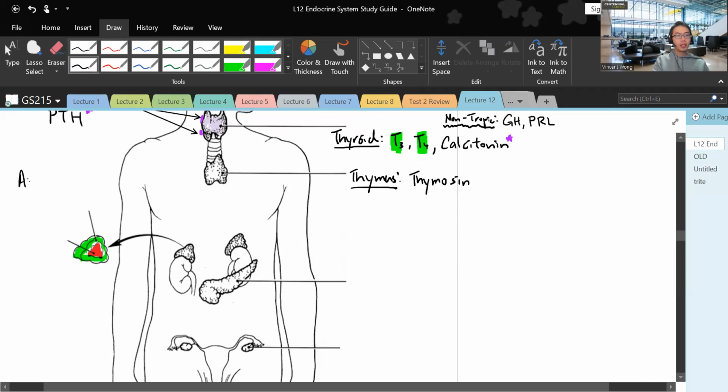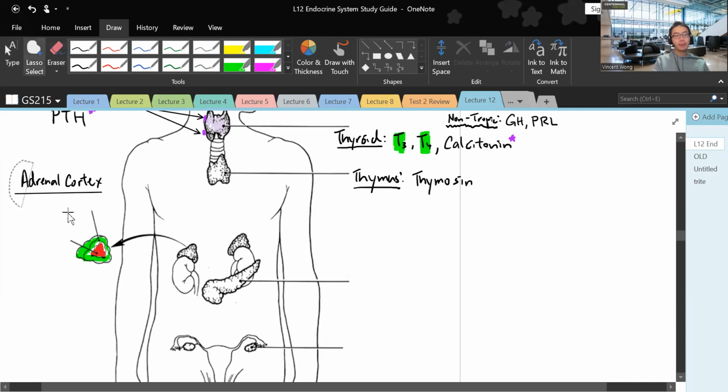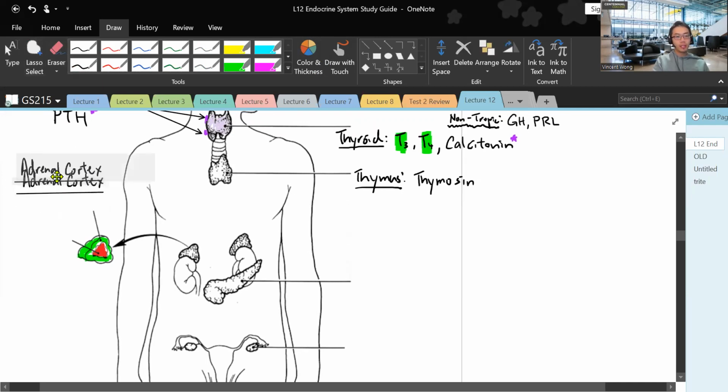So I'm going to put it right here, adrenal cortex for the outside. This is a little bit more complicated, so you might need to revisit the PowerPoint slides, but the adrenal cortex secretes two groups of hormones, okay? The first category is called the mineralocorticoids.